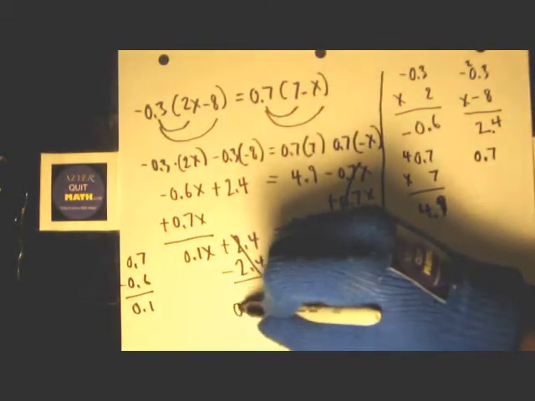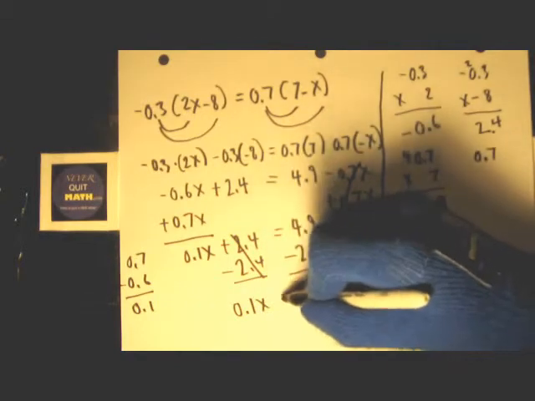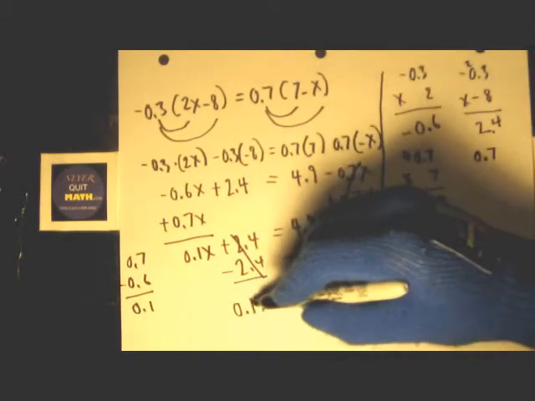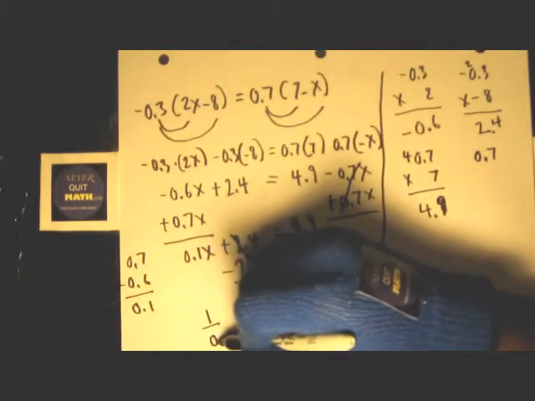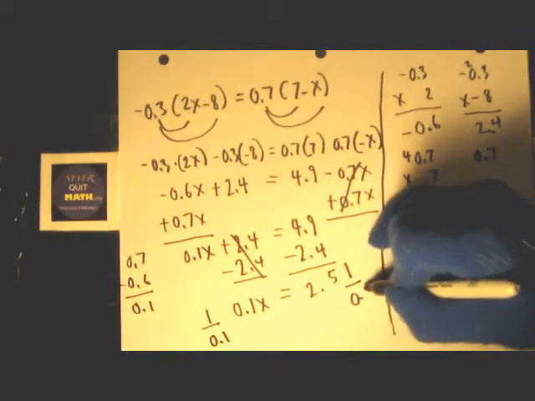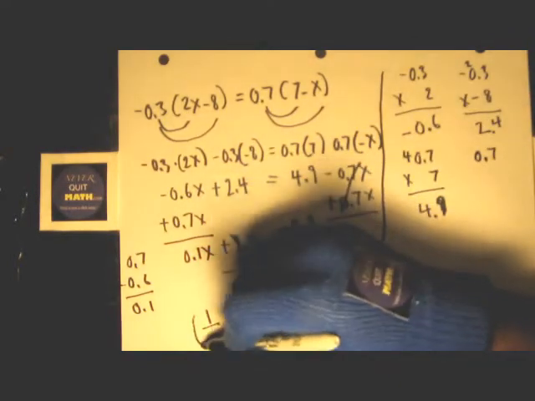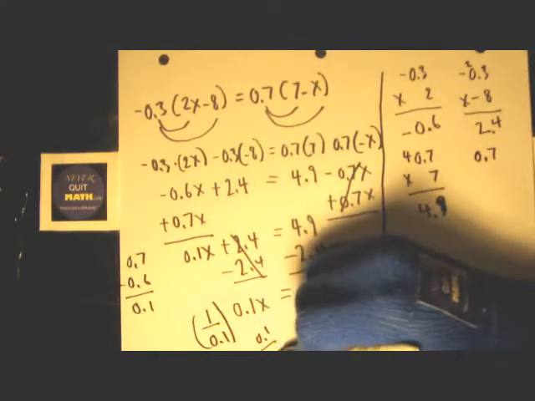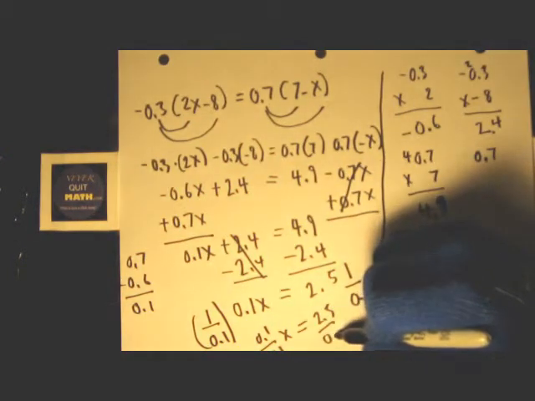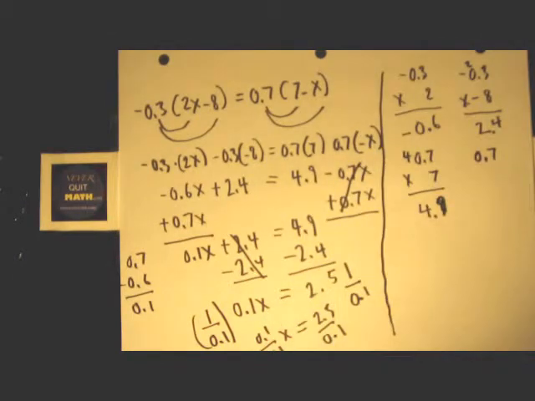Now we bring down that 0.1x equals 2.5. Even when it's a decimal, you're still multiplying by the reciprocal. So we multiply by 1 over 0.1 on both sides. This becomes 0.1 over 0.1 x equals 2.5 over 0.1.